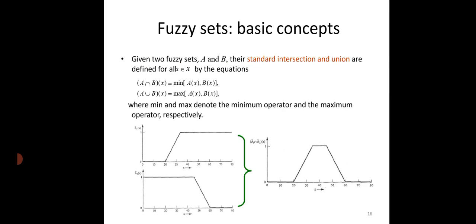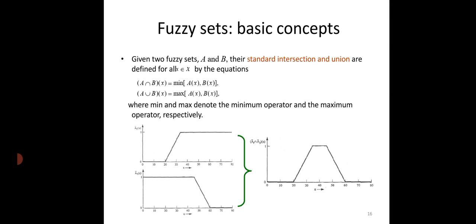Next, I have stated the standard intersection and union. Keep in mind that the intersection is always the smaller set, so intersection must be the minimum. Union is merging two sets, so it must be the maximum. This is a shortcut to understand this.